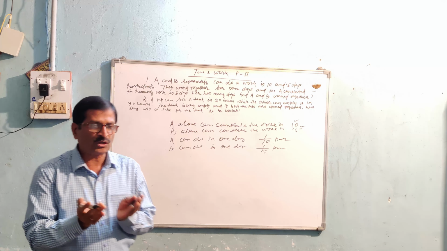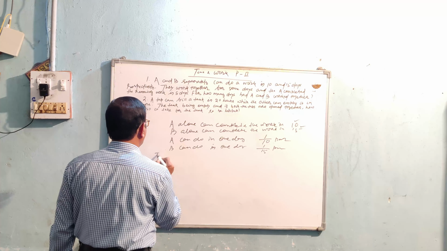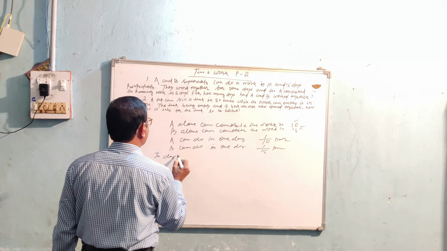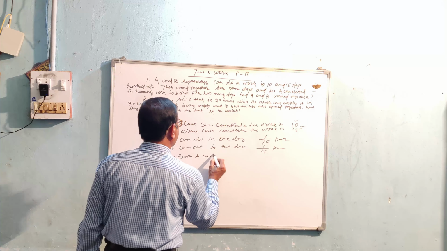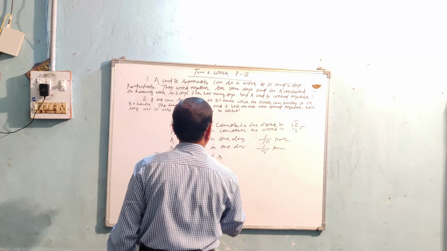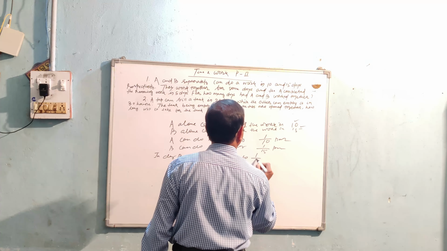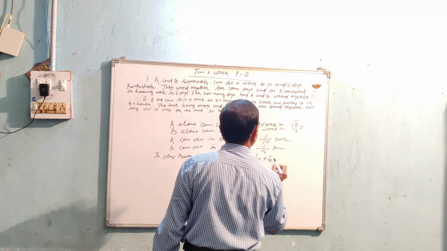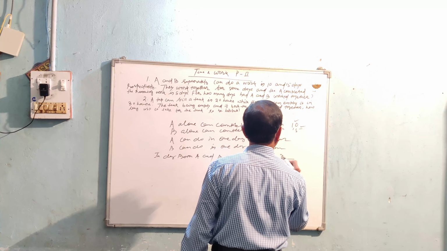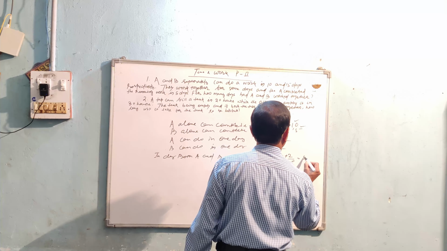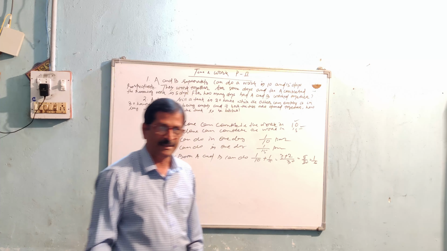Whenever both of them work together, in one day A and B can do 1/10 plus 1/15, that is 5/30 or 1/6 of the work in one day.